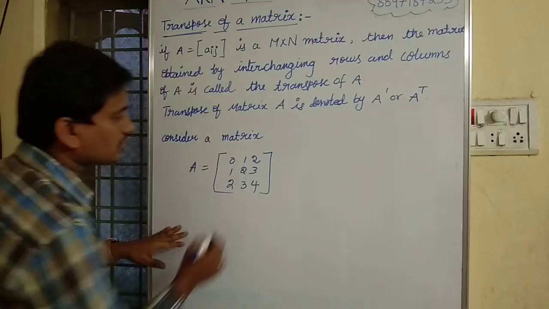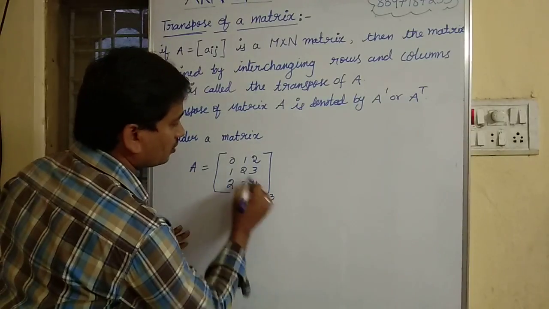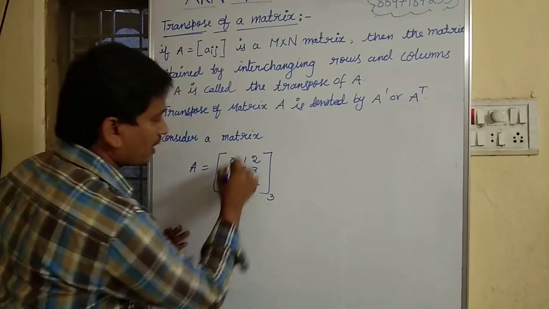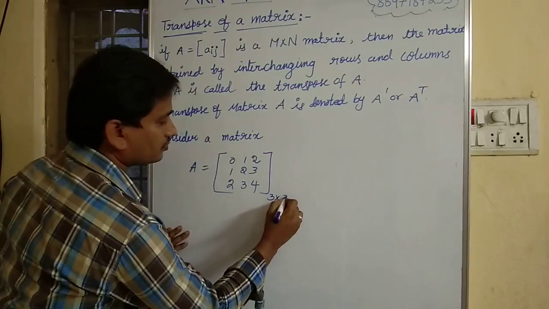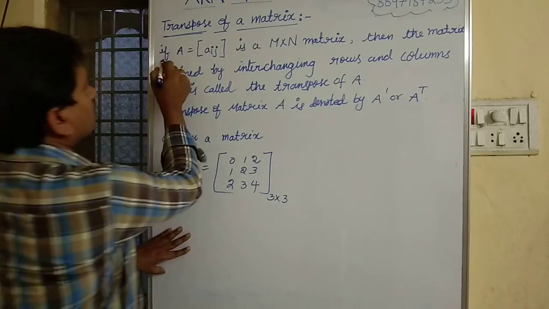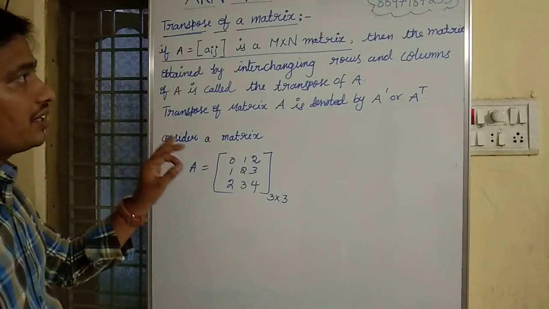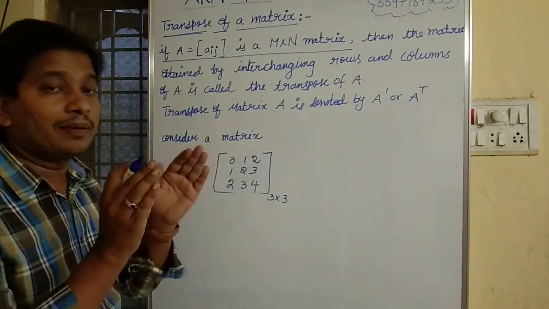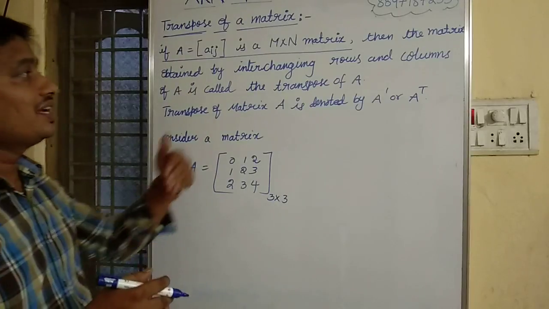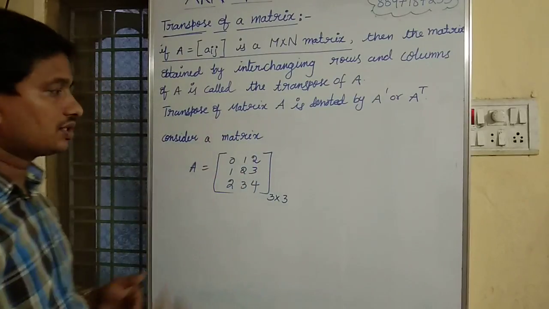So how many rows are there here? Here we have 3 rows and 3 columns. If A is an m by n matrix, then the matrix obtained by interchanging rows and columns.